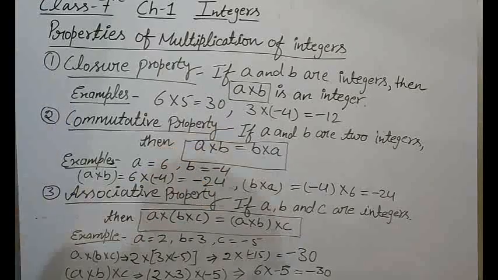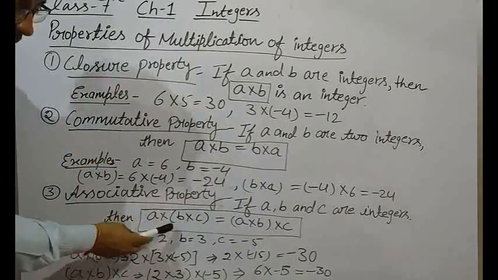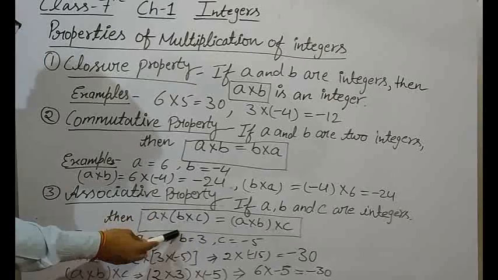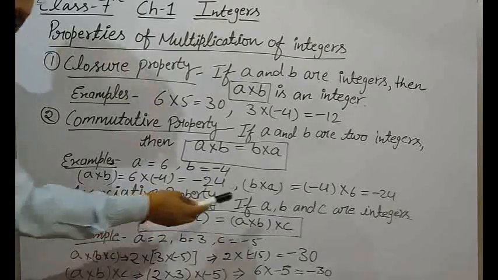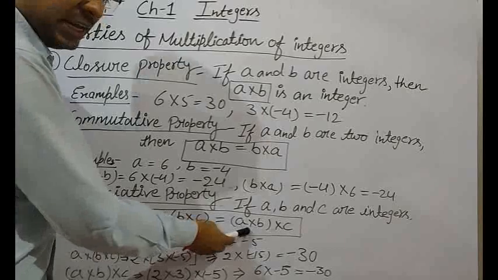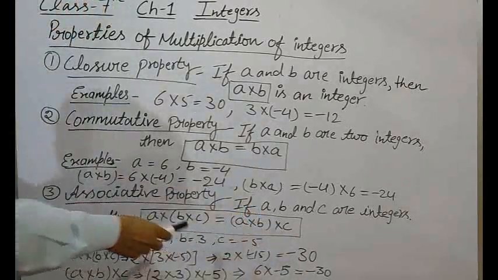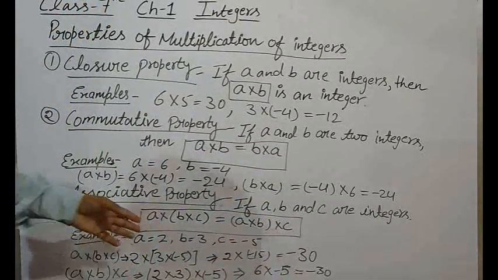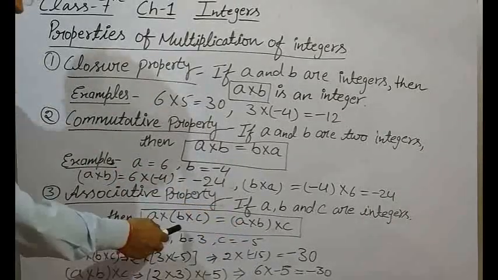It means there are three different integers and we can multiply any two integers first, then multiply the third integer afterward. There is no change in the answer. Suppose we first multiply b and c, then multiply a. Or we first multiply a and b, and then multiply c. There is no change in the answers.